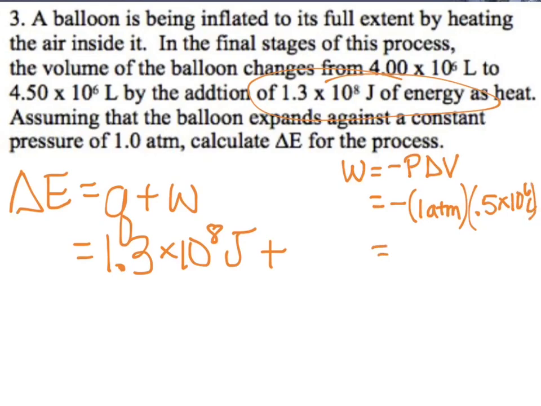And that tells me that my work is negative 5 times 10 to the minus 5 liter atmospheres. How did you get to the minus 5? Oh, not minus 5, sorry, positive 5. How did you get 5? Because I just moved my decimal over. Oh, because it was 6. Oh, yeah.